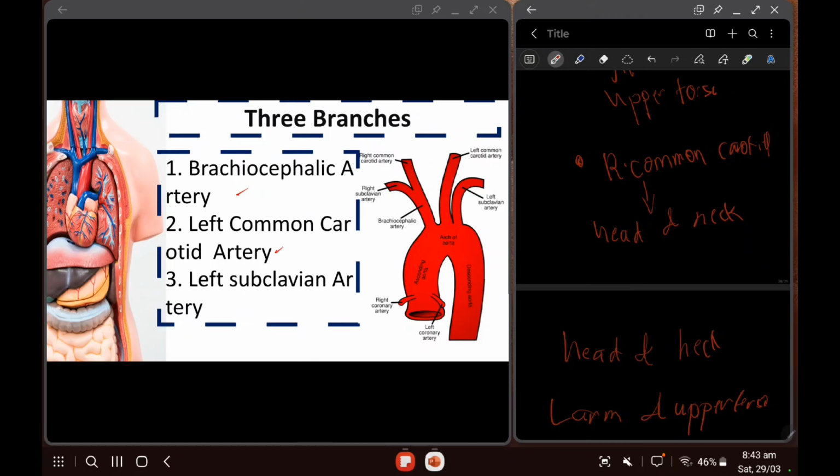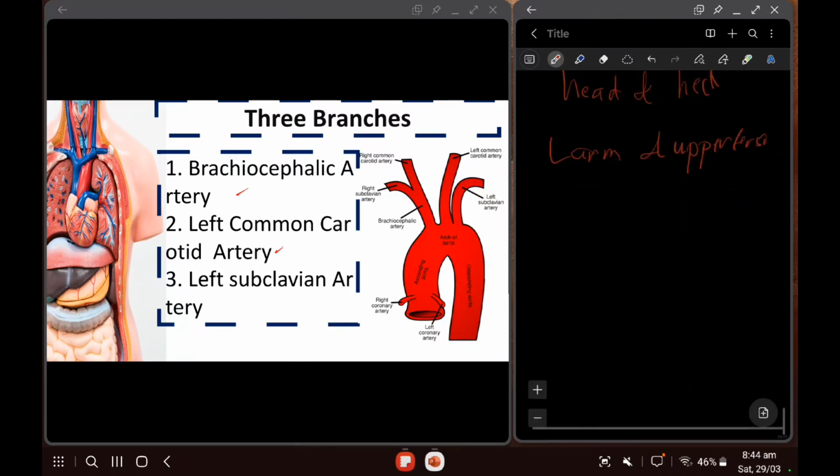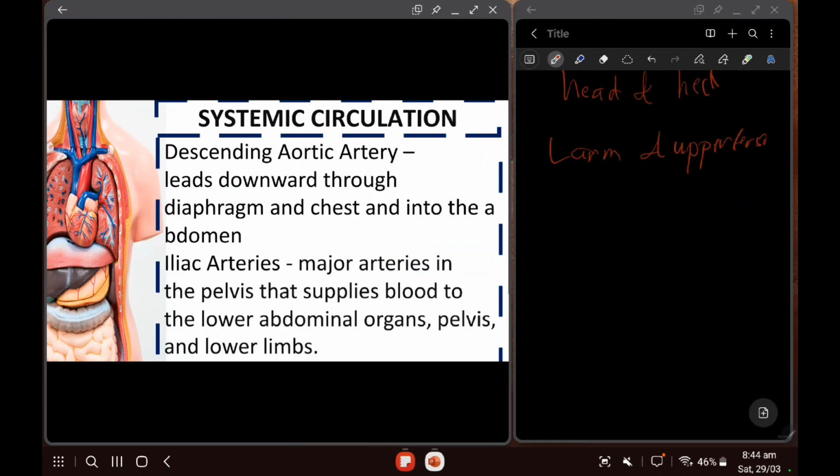So, subclavian means it is located below the clavicle, or the collarbone. Those are the three branches of our aorta. Then the descending aortic artery goes down through the diaphragm and chest into the abdomen.